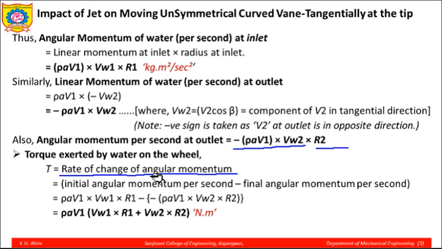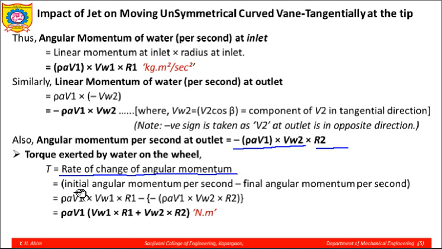Okay, rate of change of angular momentum of water through the wheel while passing through the vane passages. So it is nothing but initial angular momentum per second minus final angular momentum per second. This gives you the torque exerted by the liquid on the wheel.